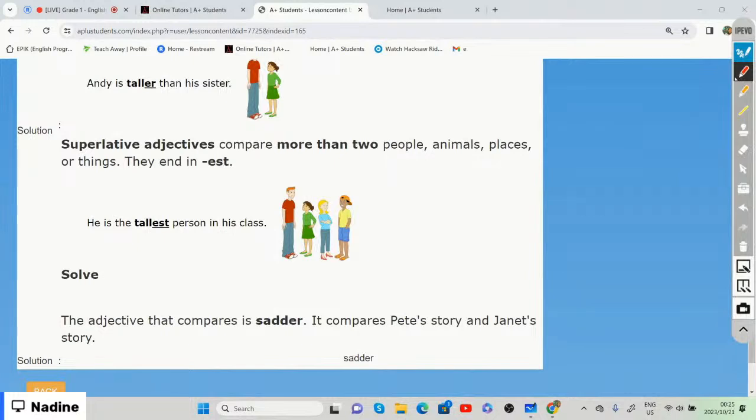So if we look at this picture, the boy with the red t-shirt on, and if we compare this boy to the others within the picture that we can see in front of us, then we can say he is the tallest.